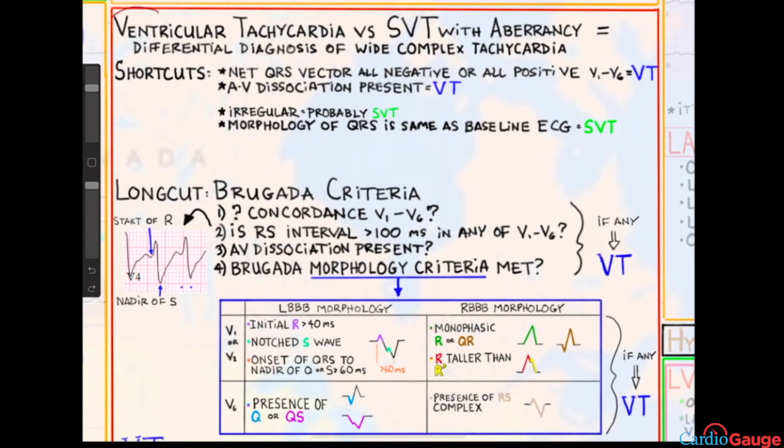Now we're going to look at ventricular tachycardia versus SVT with aberrancy, supraventricular tachycardia with aberrancy. Basically, we're looking at wide complex tachycardia, and how do you tell the difference between VT and SVT? And it comes up pretty frequently.